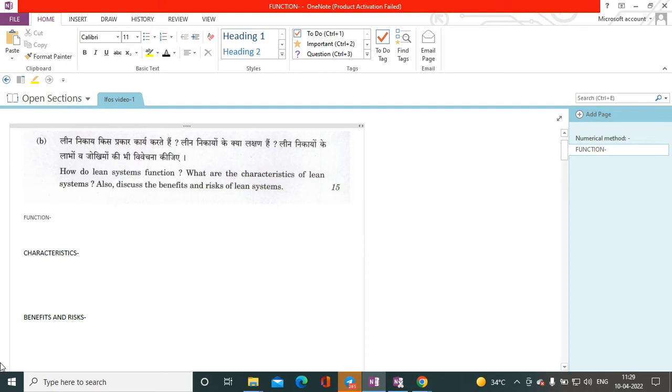So coming to the benefits and risks, most of them are benefits, but some risks are also there while implementing a lean system in any organization. So what will the benefits be?